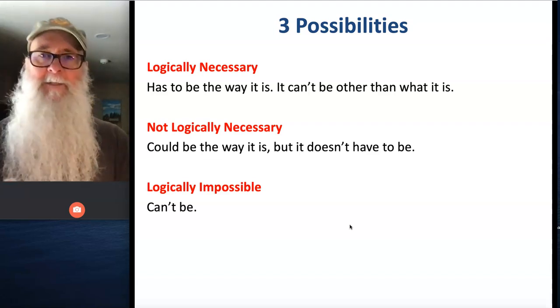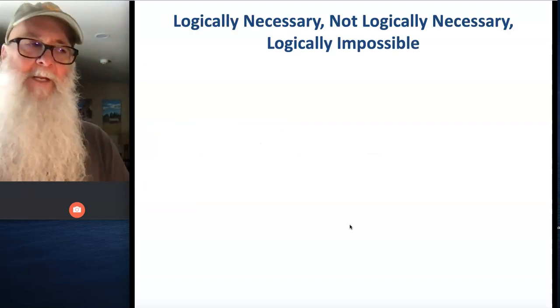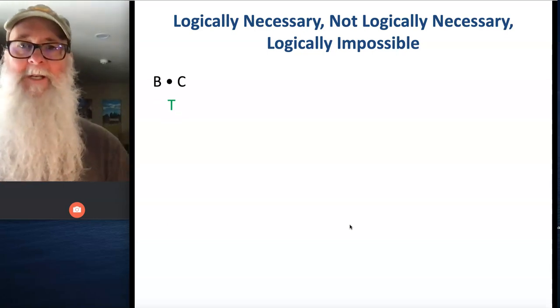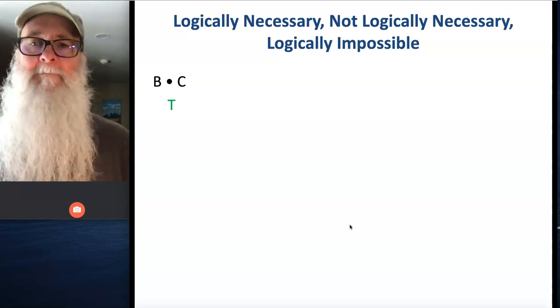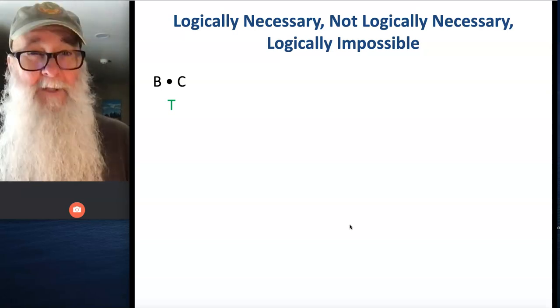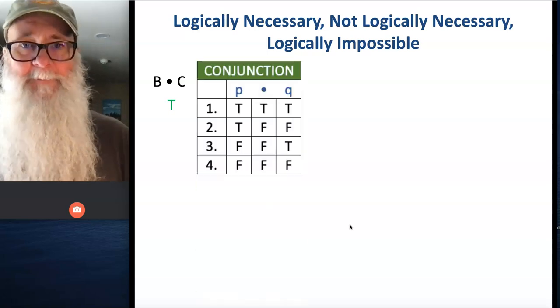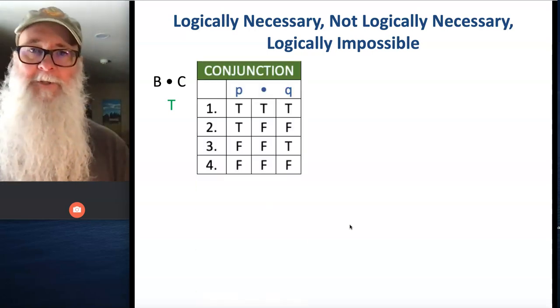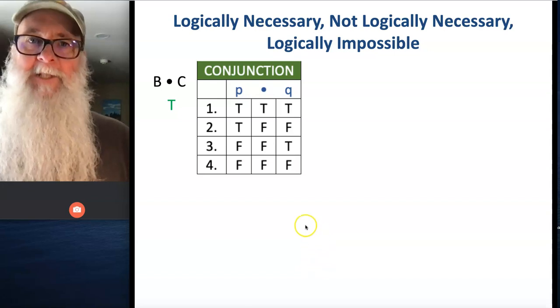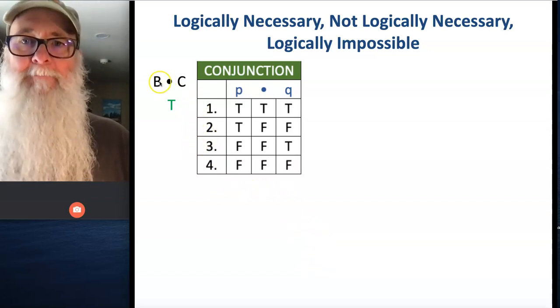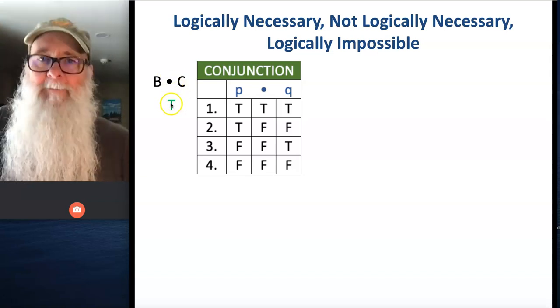Now we can take these three ideas and apply them to our symbolized statements that we're working with. So if I give you the statement B dot C and I tell you the truth value of that dot is true, and you consult your conjunction truth table, is there anything that's required or impossible about B and C based on this dot being true?